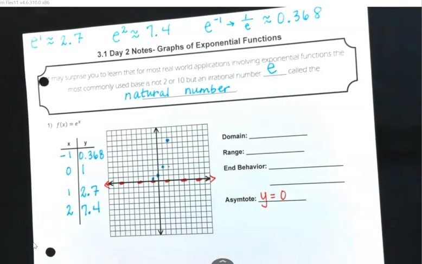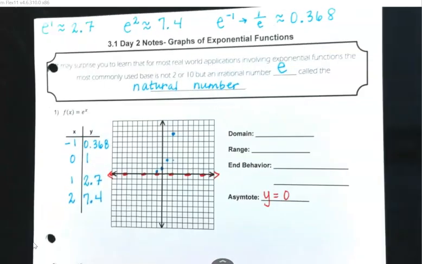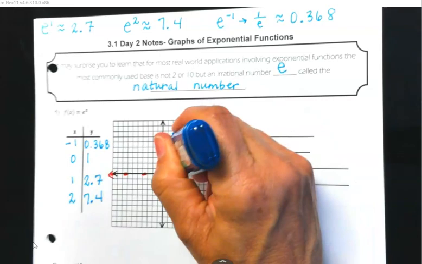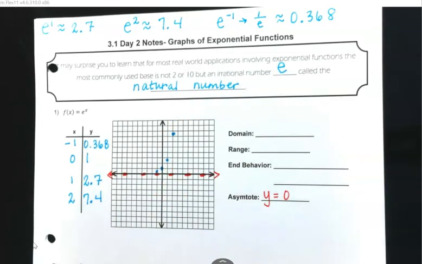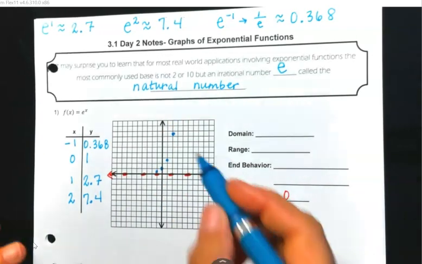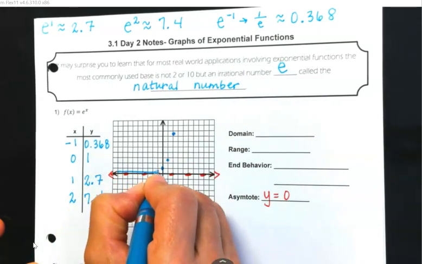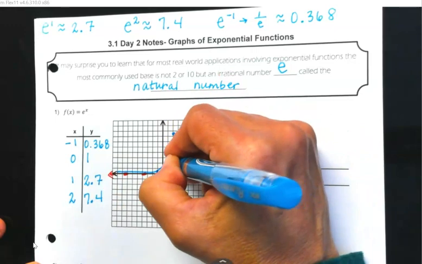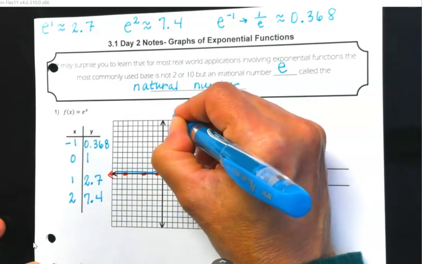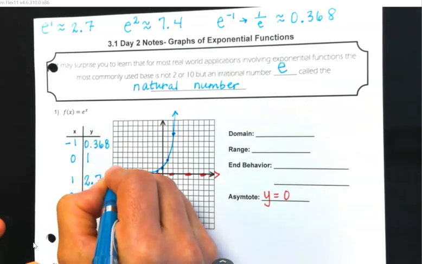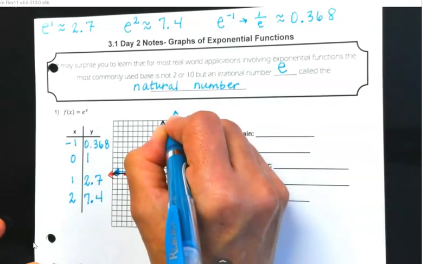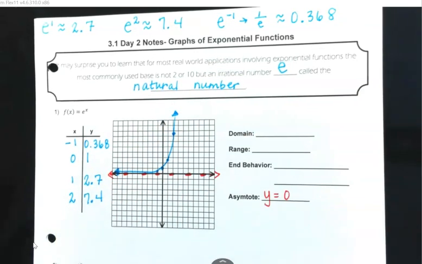Plot those dots the best that you can. And we're going to make sure that it is most definitely up on the right-hand side of the graph. There we go. So that's going to be the exponential function with a base of e.